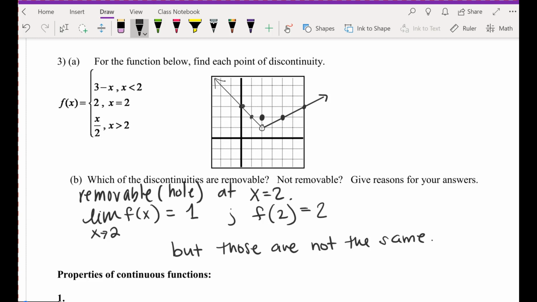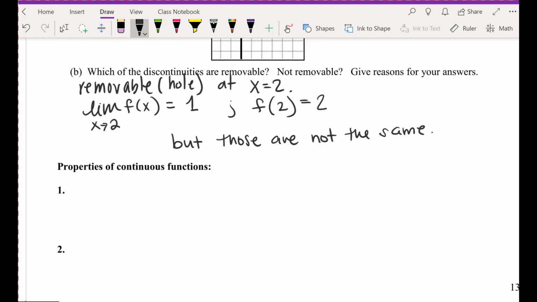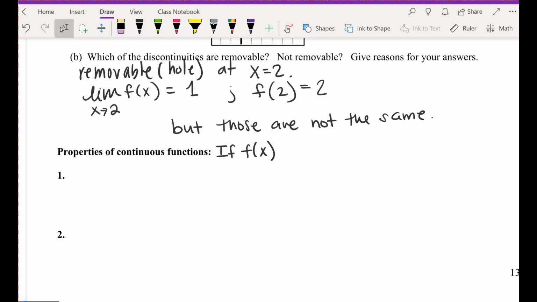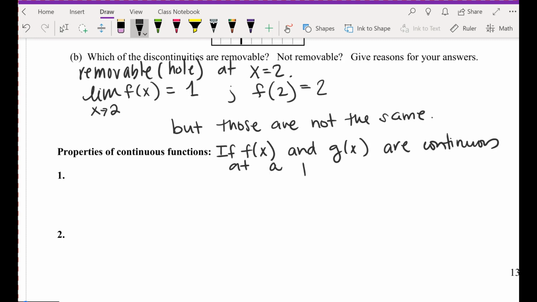So, properties of continuous functions. You have 5 total. The first one we are going to start with: if f of x and g of x are continuous at a point, let's call it x equals c, then I can add 2 functions.